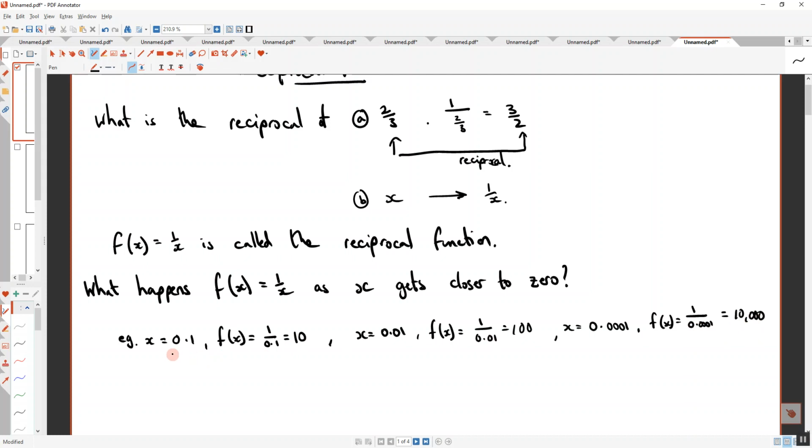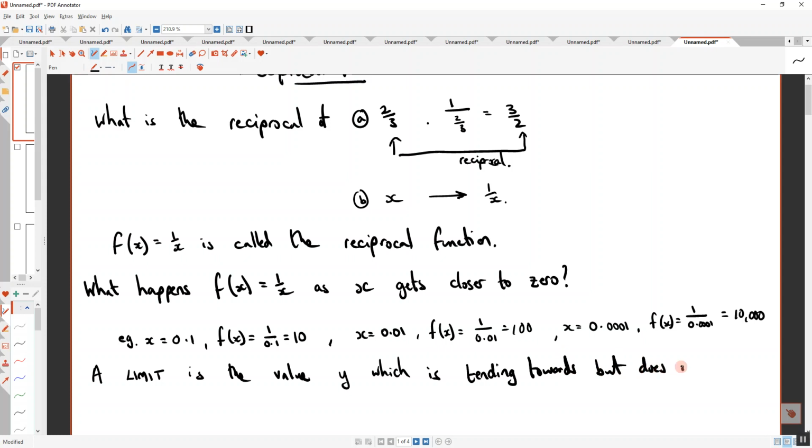Now, these are called limits. A limit is the value y which is tending towards, but does not reach, as x tends towards a certain value.